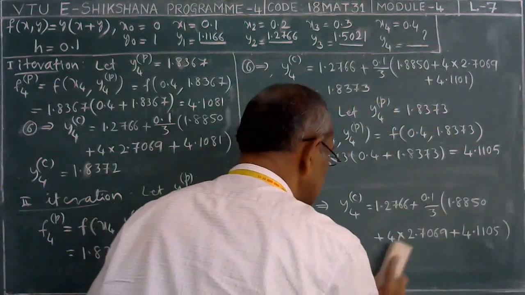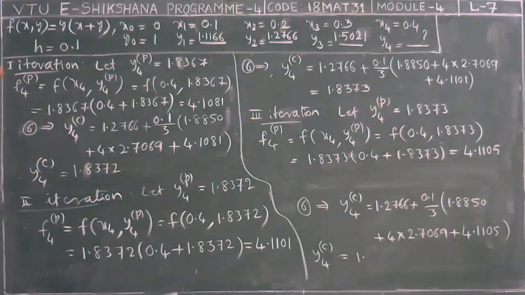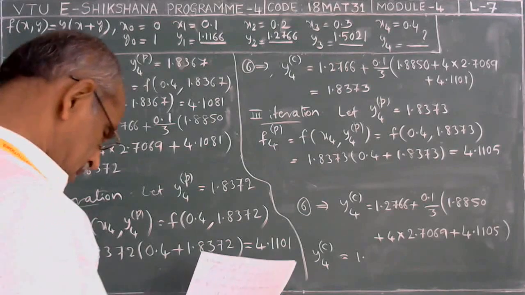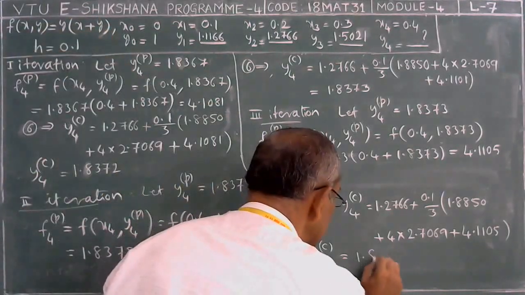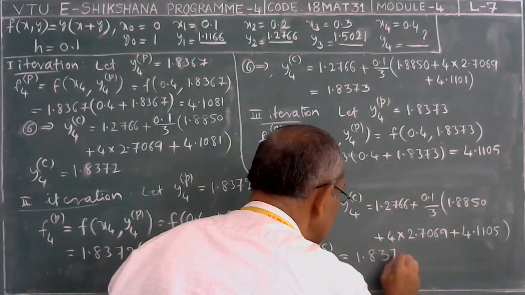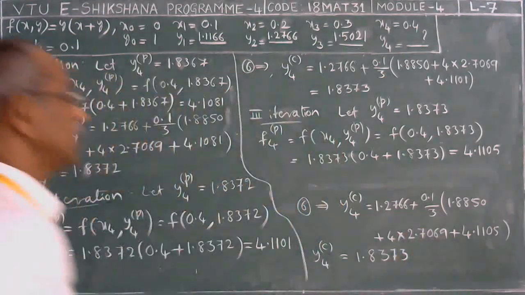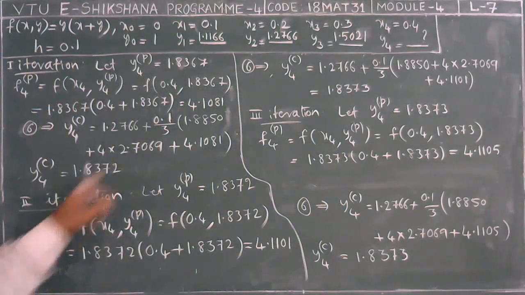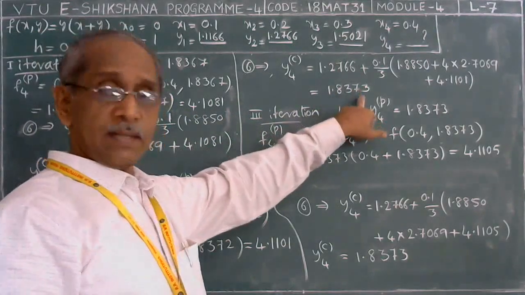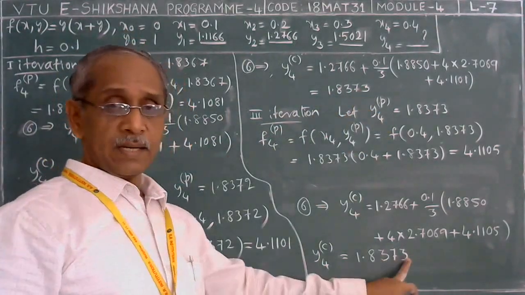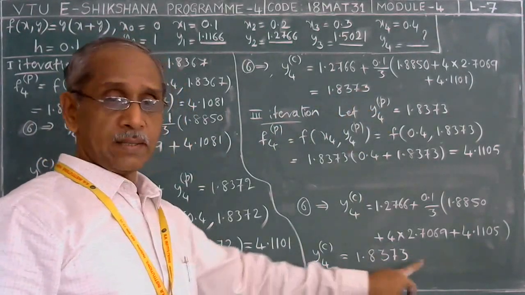So if you compute this, you get 1.8373 again. So I can notice that the second iterated value is 1.8373. The third iterated value is also 1.8373.